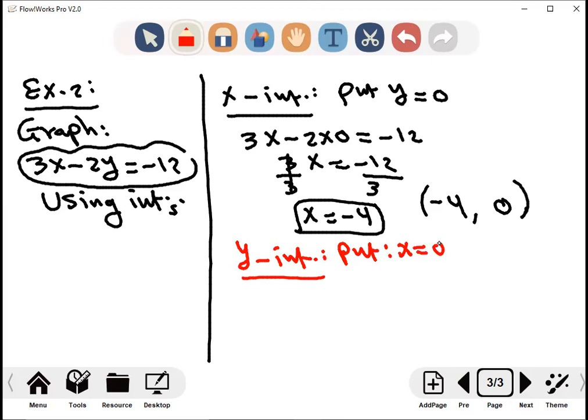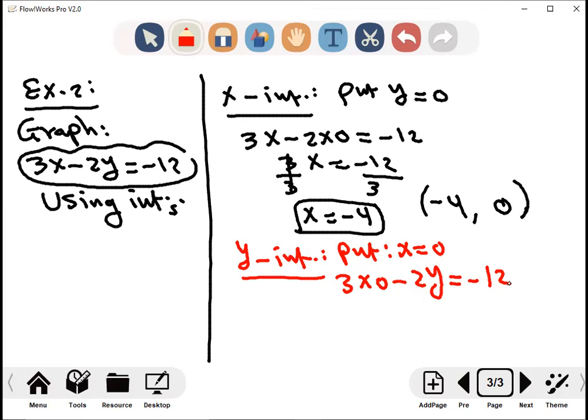Replace x by what? By 0. It will be 3 by 0 minus 2y equals negative 12. Now 3 by 0, what is still here? Not 2y, negative 2y. You forgot the negative, your whole solution is wrong.